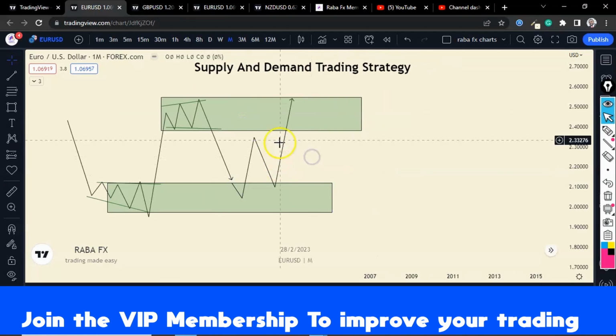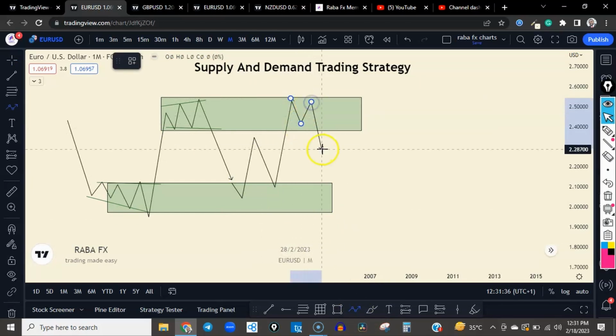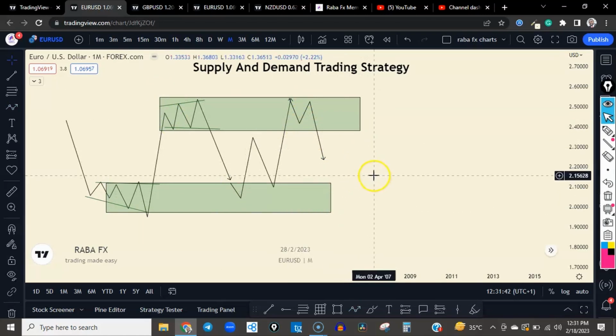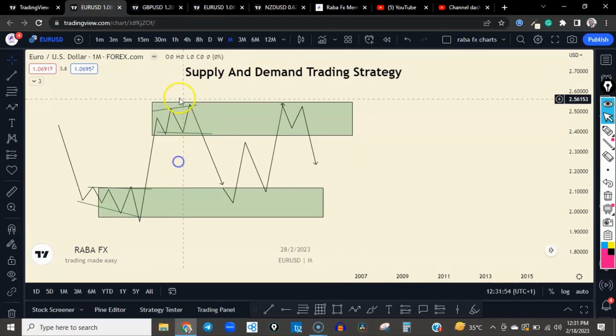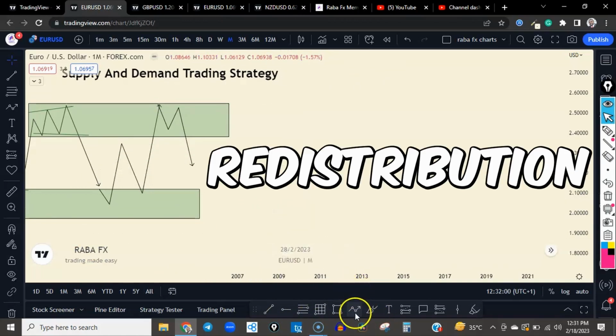So it makes sense that when price comes here in the future, we are going to have a reaction in that level, and that is all you need, a reaction to take your trade, regardless of the time frame, because market is fractal.